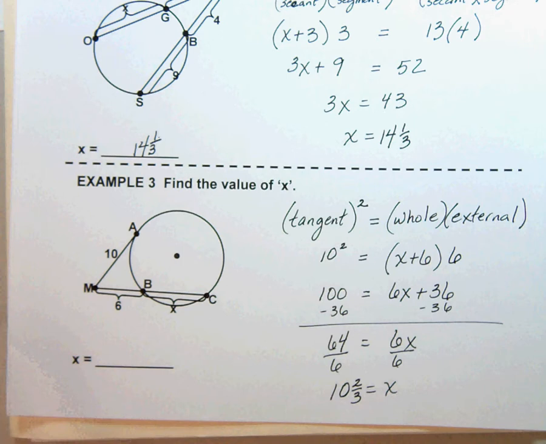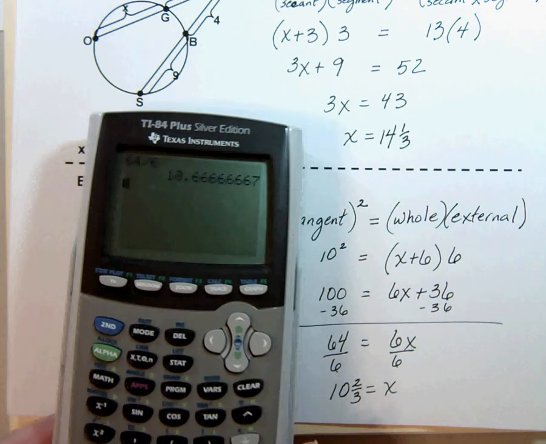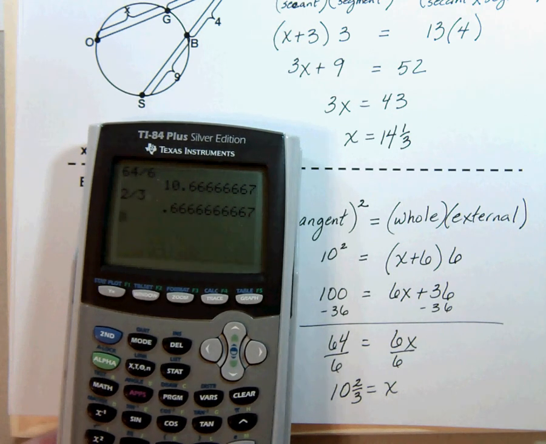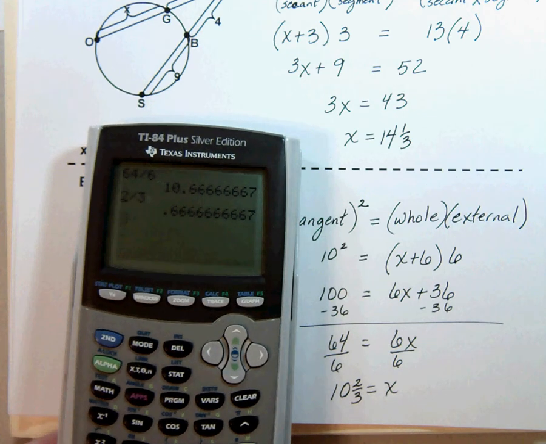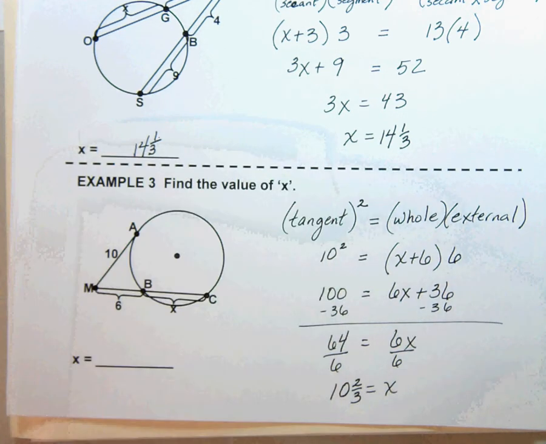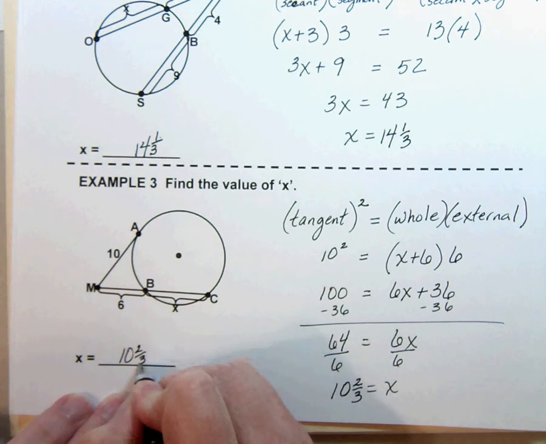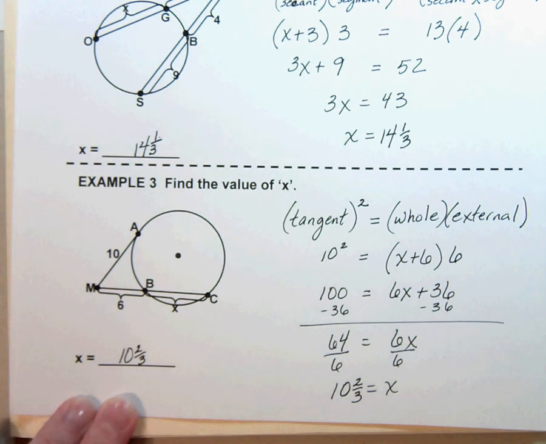I'm going to do it in the calculator to show that to you. 64 divided by 6. See how it gives you 10 with a repeating 6? 2/3 is the same thing as a repeating 6. So let's use the exact answer. That one's going to be 10 and 2/3. And that's example 3.